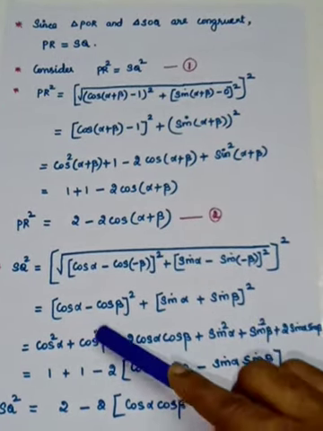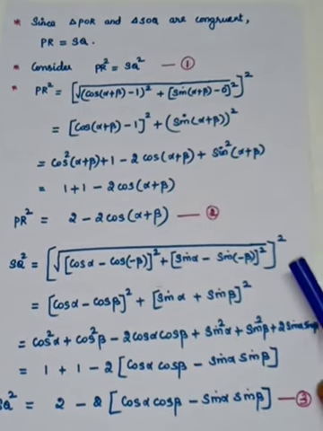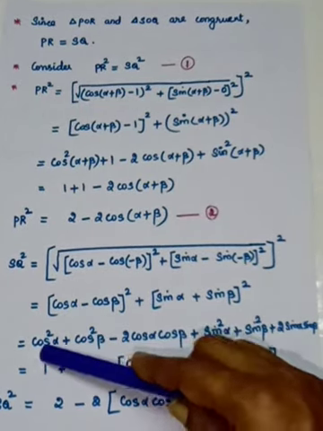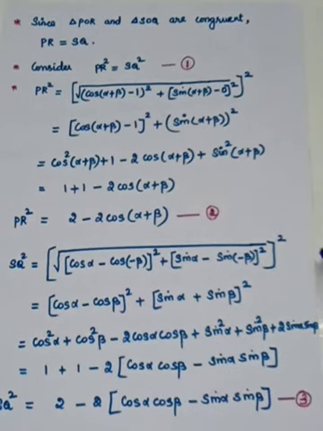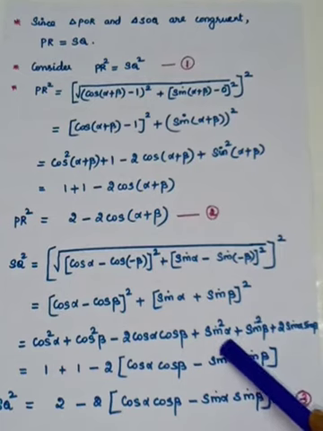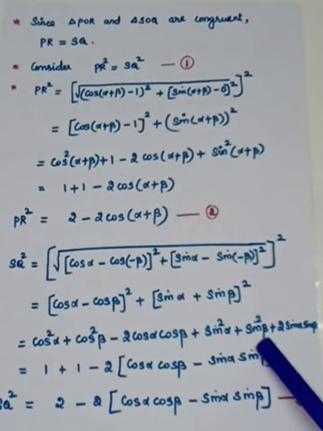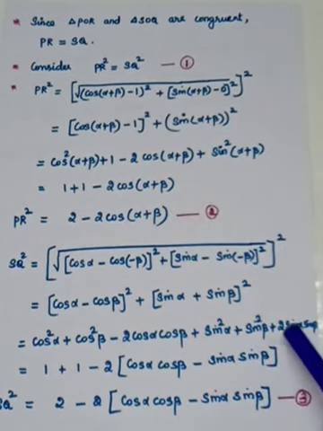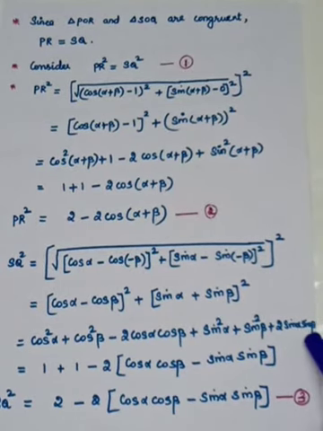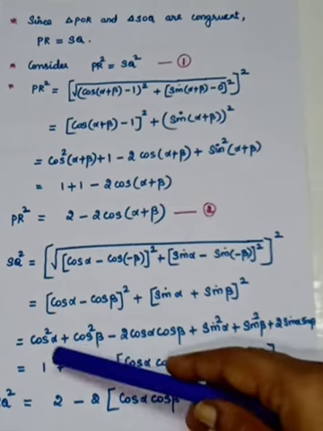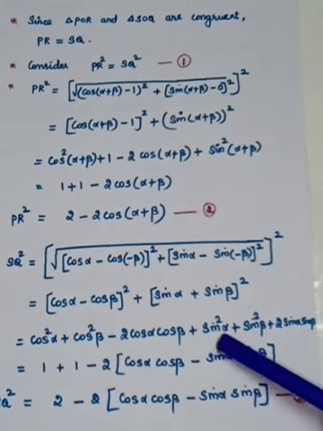It is in the form of a minus b the whole square, so a squared plus b squared minus 2ab, and this is in the form of a plus b the whole square. So it is sin squared alpha plus sin squared beta plus 2 sin alpha sin beta.